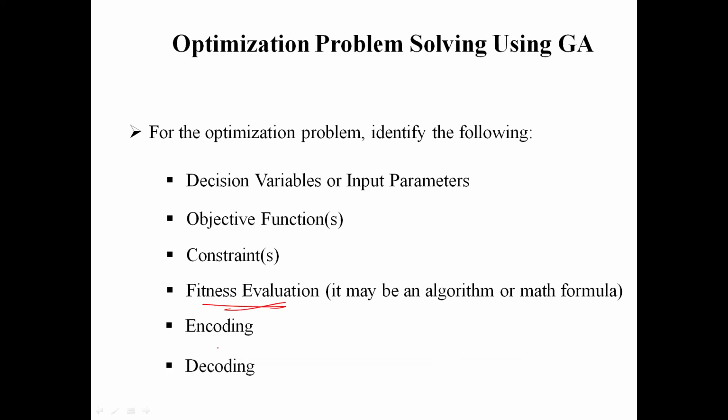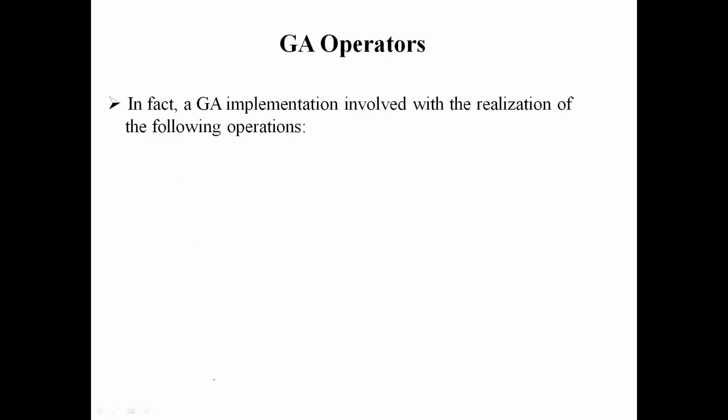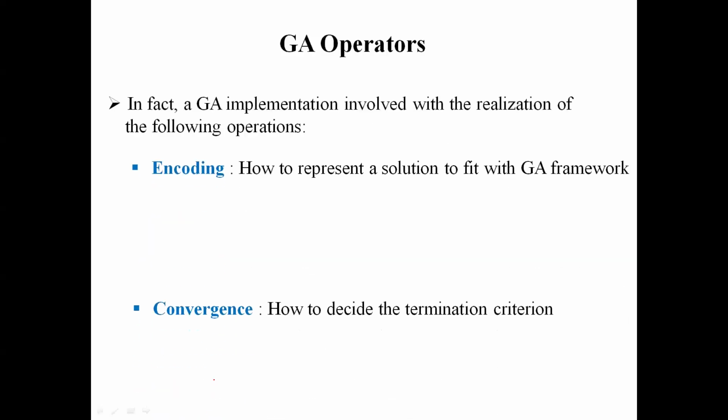Then you have to represent it in the computer in some way, so we'll be using some encoding like binary, real valued, or maybe tree-like structure. Different encoding schemes are used, and we also need to decode it to get back the answer. So what are the different GA operators?